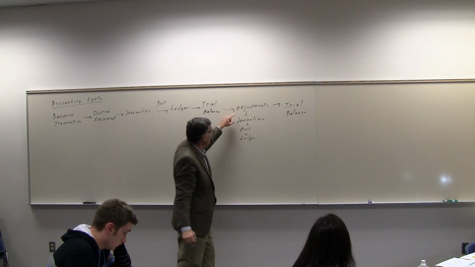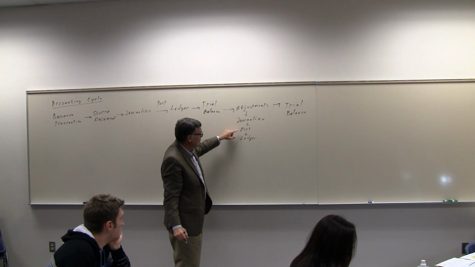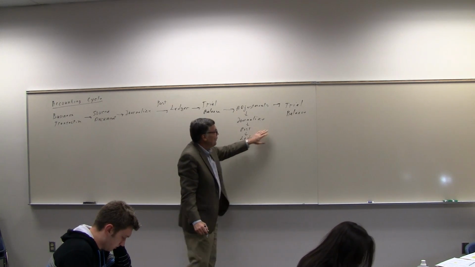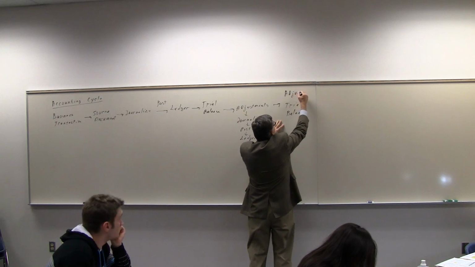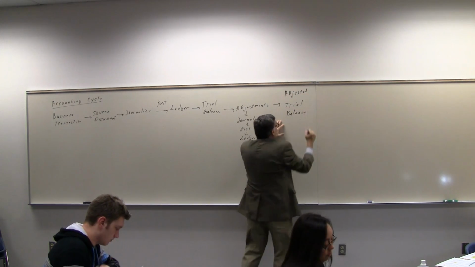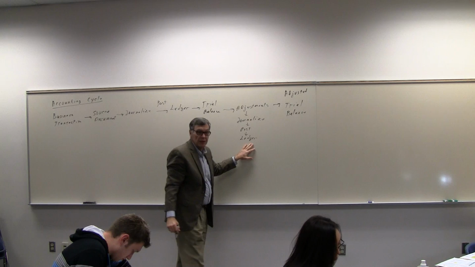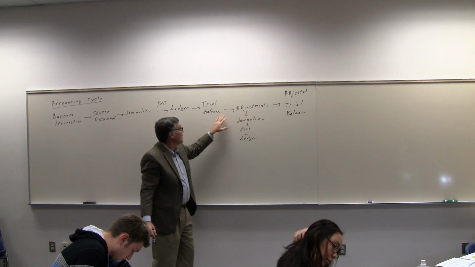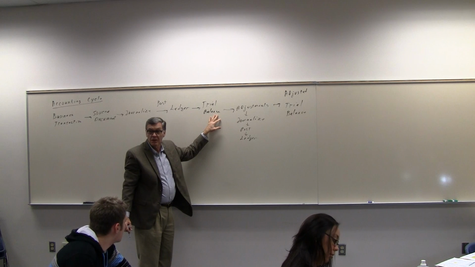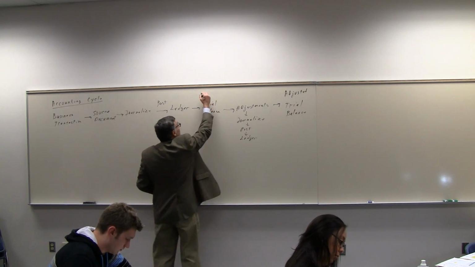After we do the adjustments, journalize, and post them to the ledger, the name for this is the adjusted trial balance. So the adjusted trial balance is the one after the adjustments. If the adjusted trial balance is after the adjustments, what do you think they call the one before the adjustments? The unadjusted trial balance.